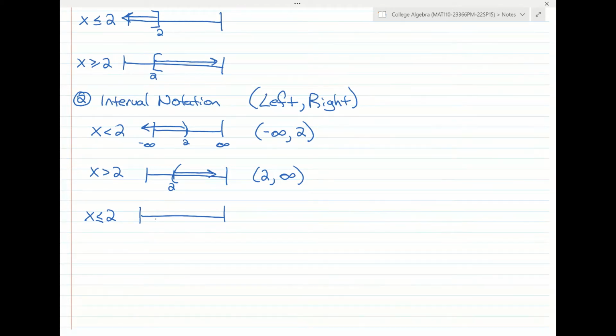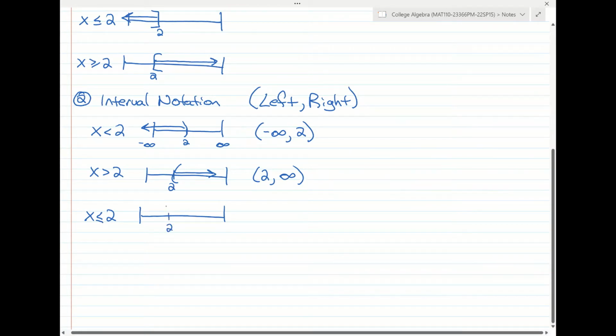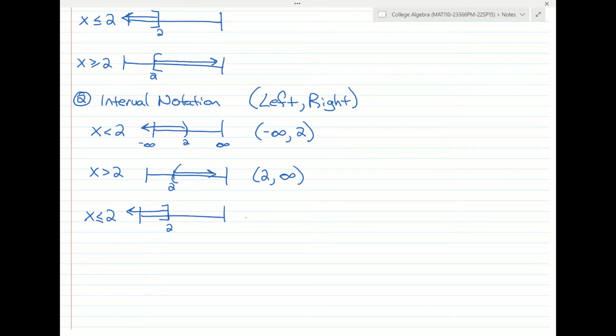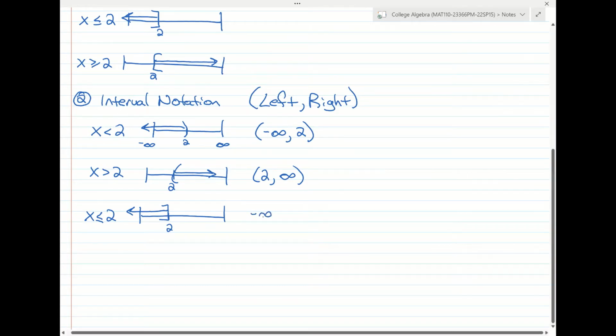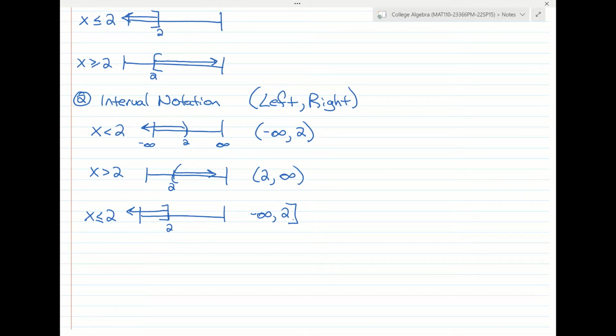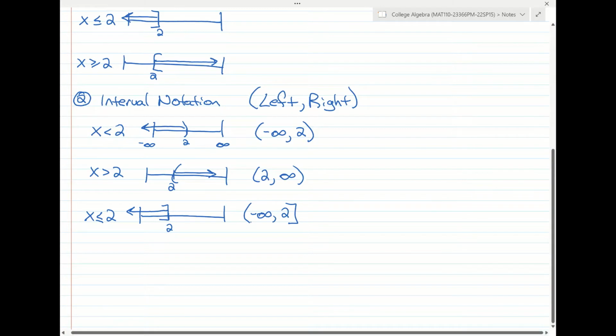What we'll do is put a bracket on 2 and draw our arrow to the left side of the number line where we have all numbers that are less than 2. Write it in interval notation. The left side of the number line is negative infinity. The right side of the number line is 2. But whenever we have a border with infinity, we always use parentheses for that.